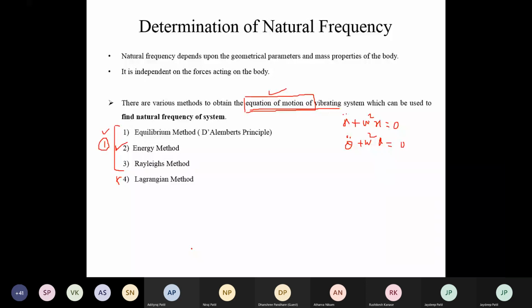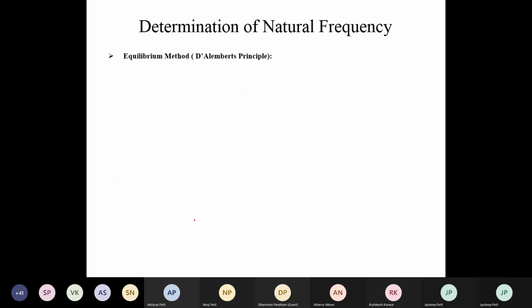Now we see the first method, the equilibrium method or D'Alembert's principle. Can anyone tell me what D'Alembert's principle is?